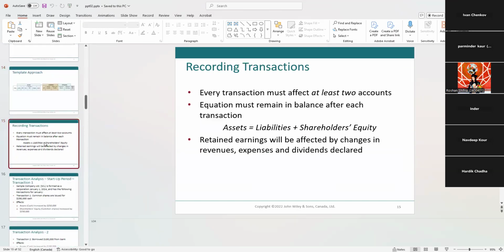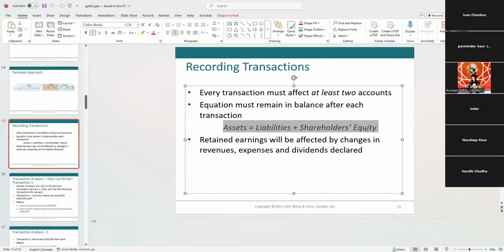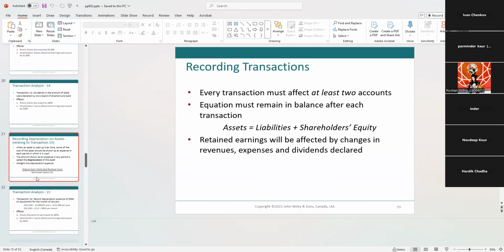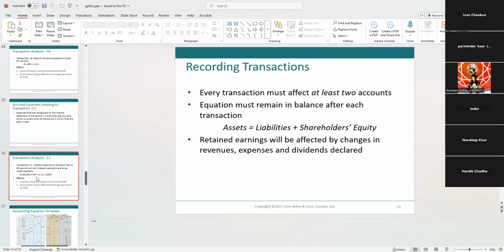And then we went through those transactions one after another, keeping in mind that we always have to keep this accounting equation in balance. We went through all those transactions. How many transactions were there? Like 17 transactions.